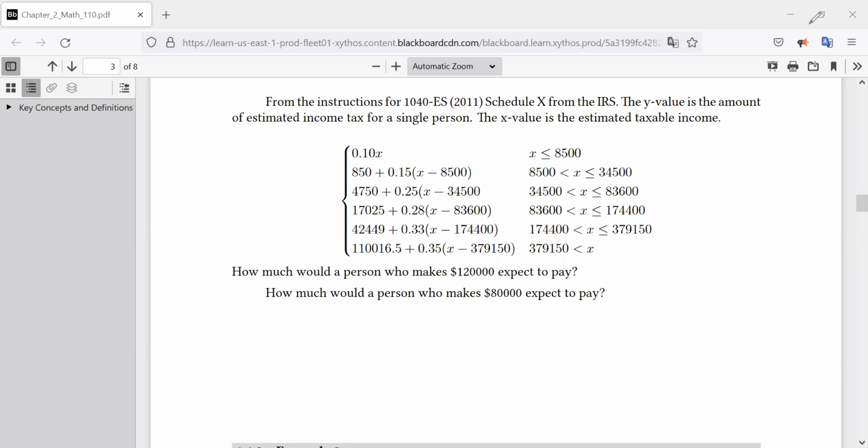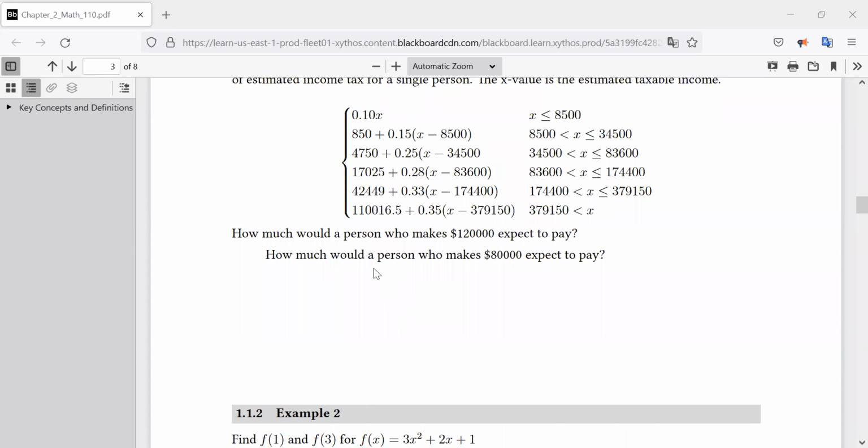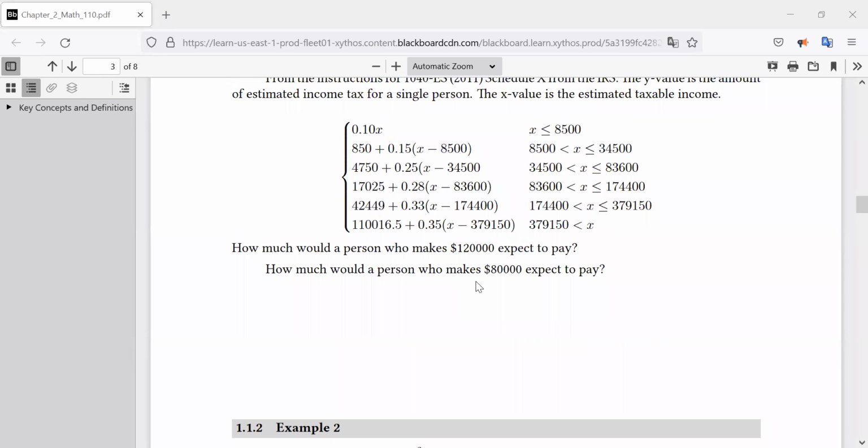So then, how much would a person expect to pay if they made 80,000? If they made 80,000, then they would be using this formula, and they would have 4750 plus 0.25 times x minus 34,500.